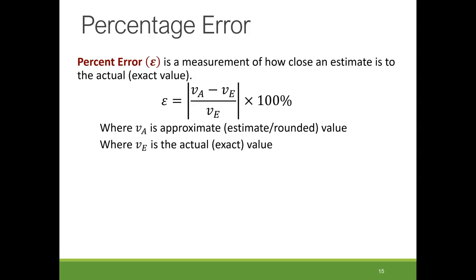Do the absolute value in case, like in my example, I had 148 minus 150, and then multiply by 100 to turn it into a percentage. And that's giving you a percent error. So it tells you how close your approximation is to the actual value.